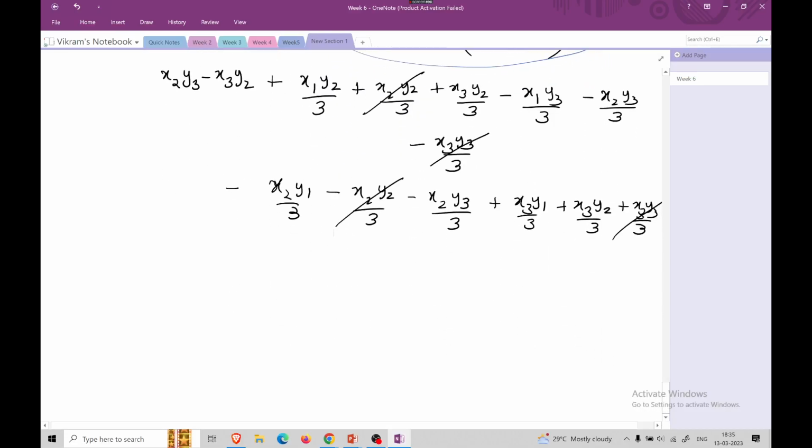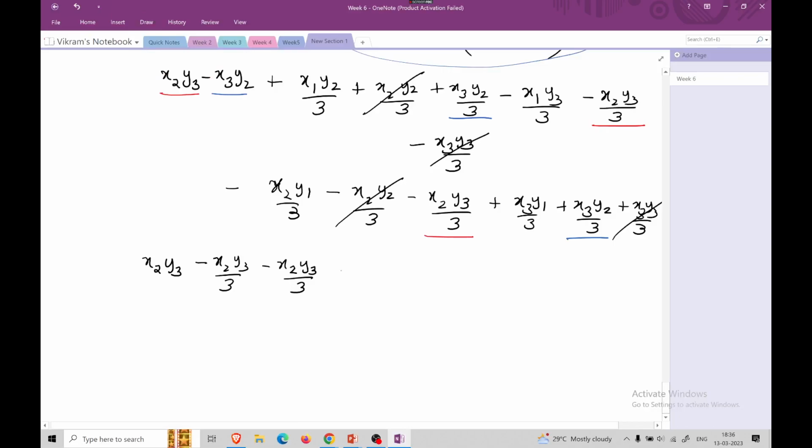x2 y3 is occurring here, and similarly one x2 y3 by 3 is occurring here, and similarly one x2 y3 by 3 here. I will underline the similar terms. Maybe we will see x3 y2 here, here and here.